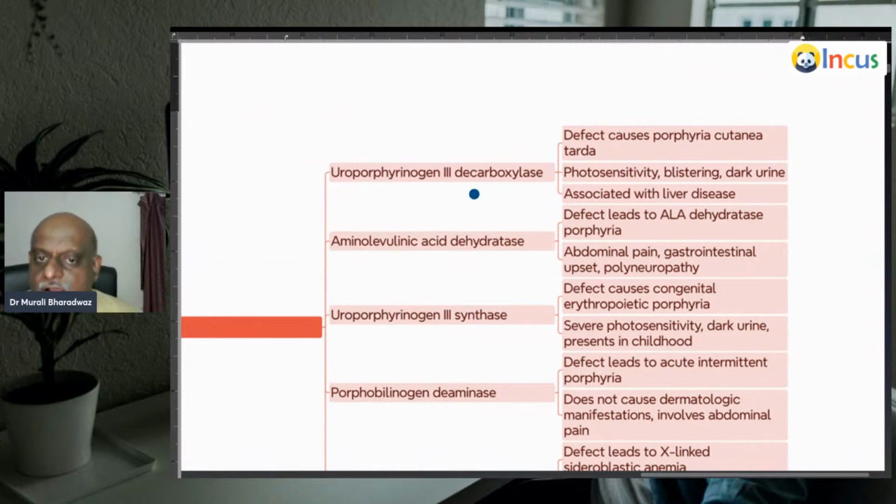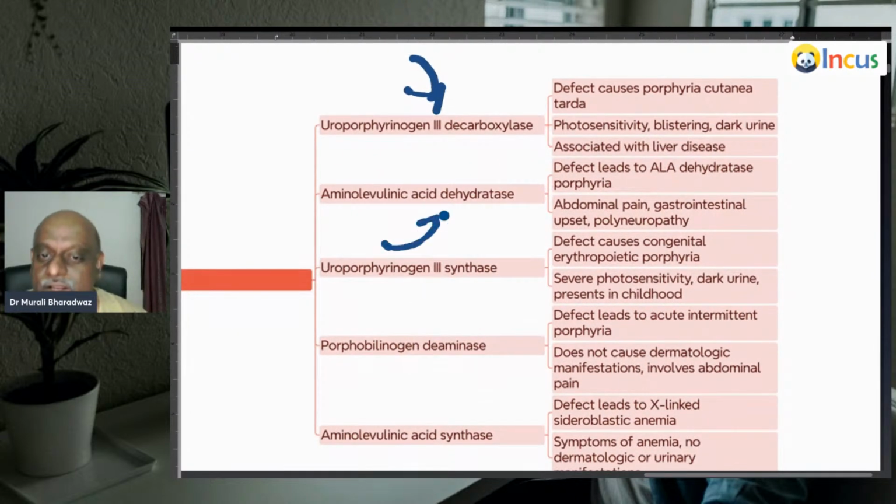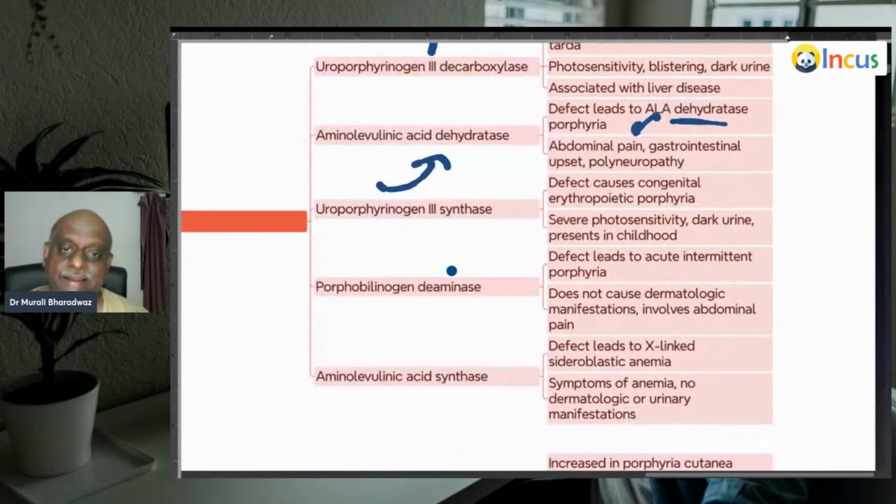Uroporphyrinogen III decarboxylase. The defect causes porphyria cutanea tarda, leading to photosensitivity, blistering, dark urine, etc. Aminolevulinic acid dehydratase: abdominal pain, gastrointestinal upset, polyneuropathy, defect in ALA dehydratase.